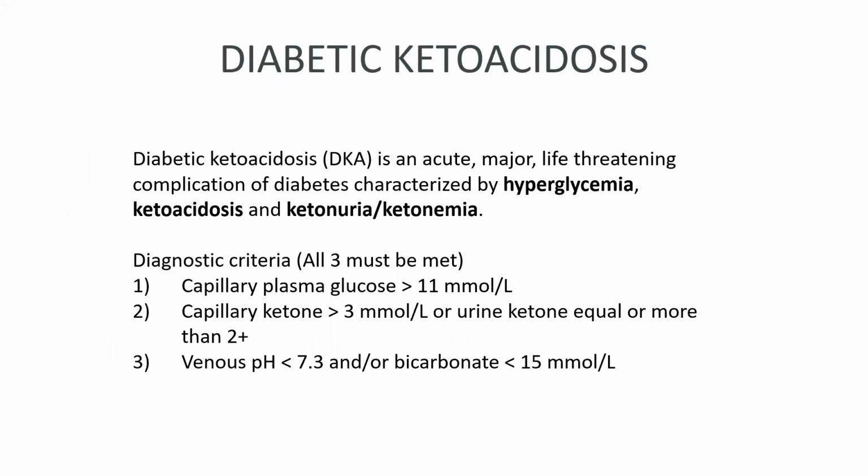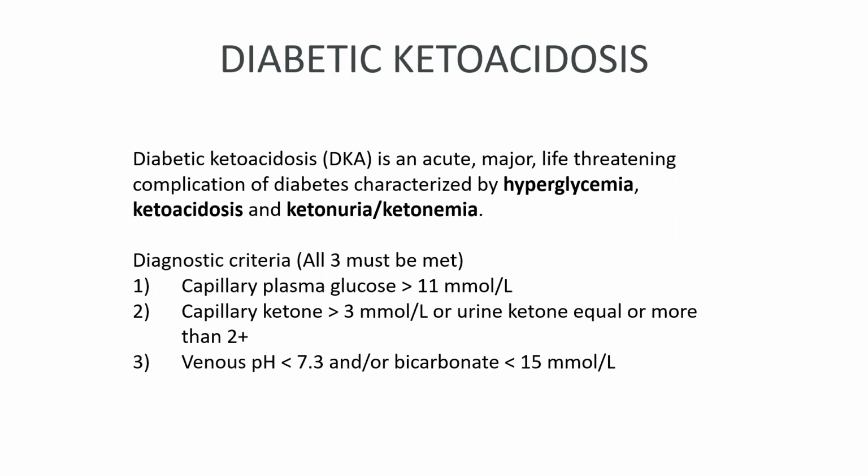So we'll proceed to the subtopic that we are waiting for, which is DKA. DKA is an acute, major, life-threatening complication of diabetes characterized by hyperglycemia, ketoacidosis, and ketonuria or ketonemia.